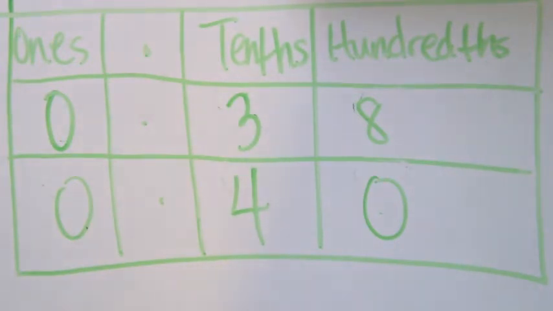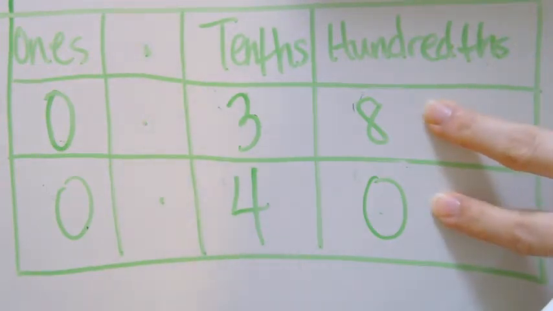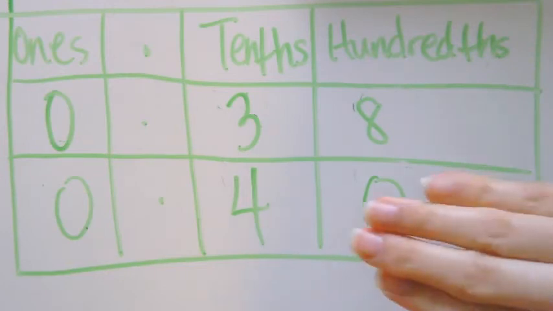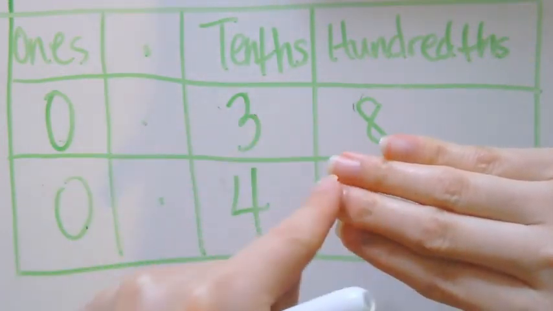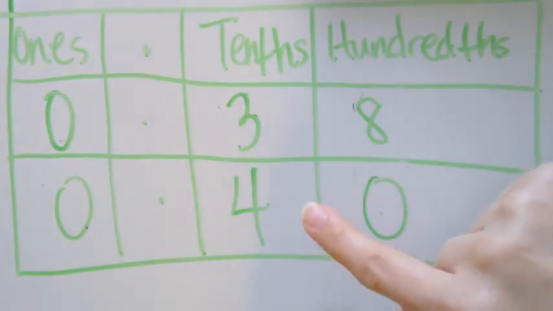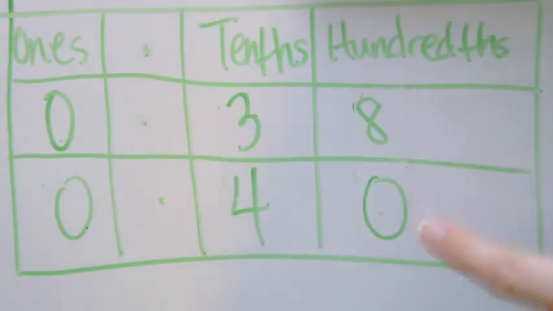So just make sure that you are understanding that we need to be able to compare out of the same whole. If this is out of hundredths, 38 hundredths, it's not comparable to 4 tenths unless you find that thing that they have in common together, okay?